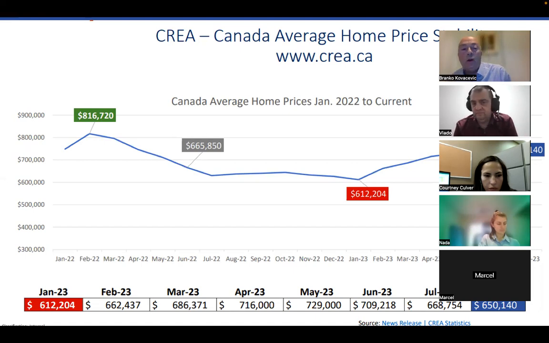In June 2022, the price dropped to $665,000. In January 2023, it dropped even further to $612,000. Now the market is recovering a little bit, and it's now $650,000, according to the stats from last August. So interest rates, housing sales, and prices go hand in hand, as you know already.